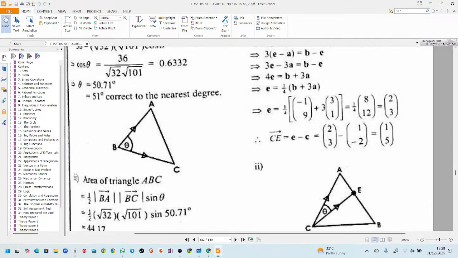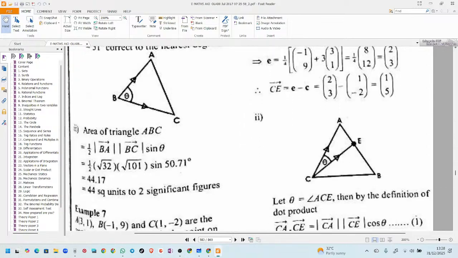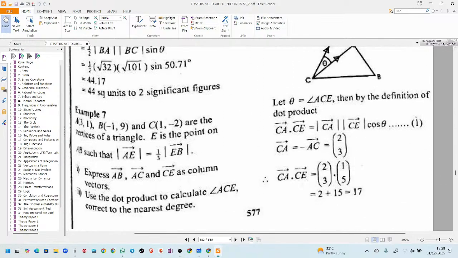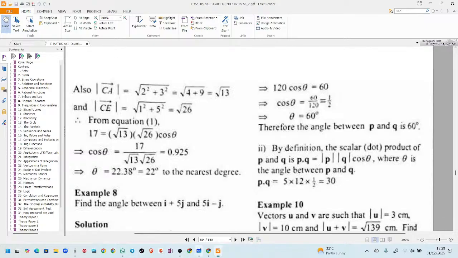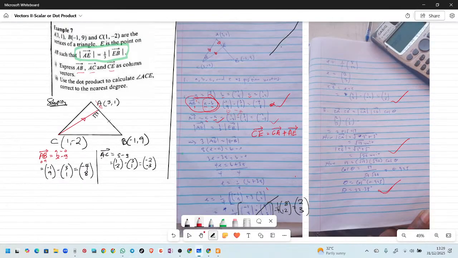Now the second one says we should find AC, using the dot product to calculate the angle. And the angle AC is 22 degrees. Let's see what we have. 22.3. Okay, so you are right.